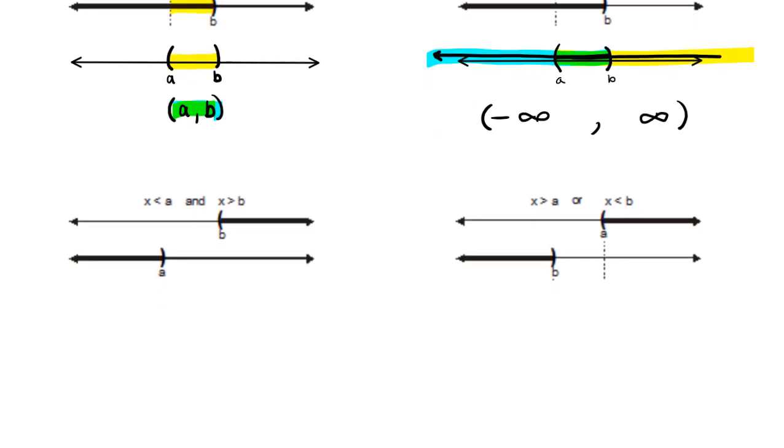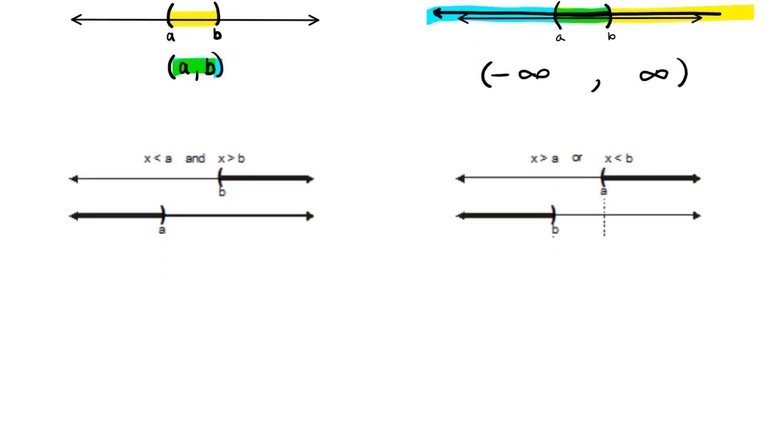Now let's take a look at the next one. In this scenario, again, we have an and inequality. We have x is less than a and x is greater than b. Notice that for an and, we want the intersection. We want to know where the overlap is. So let's go ahead and graph a third number line.